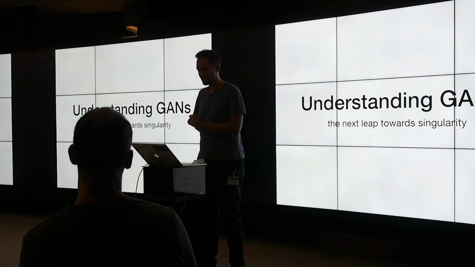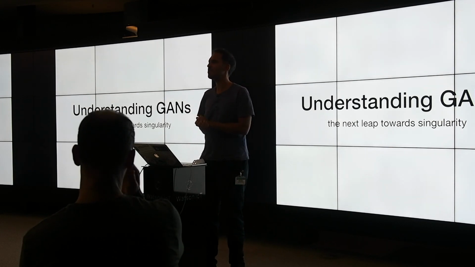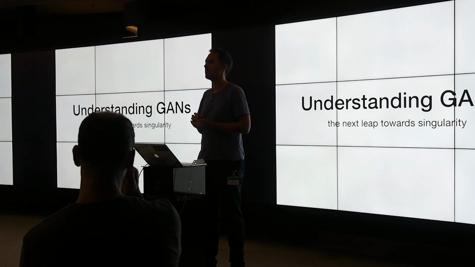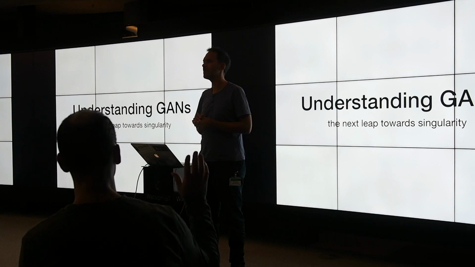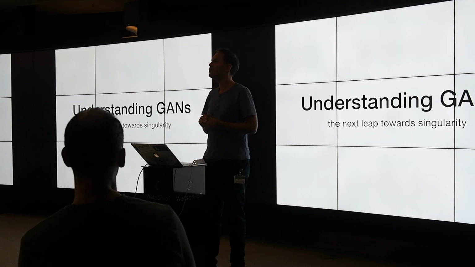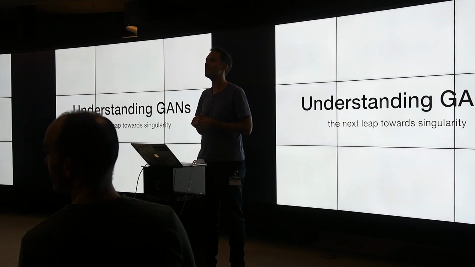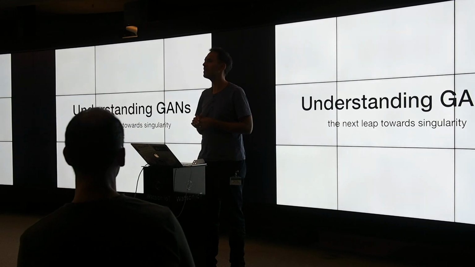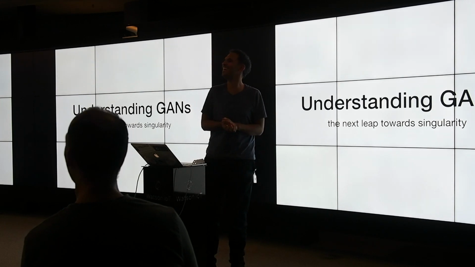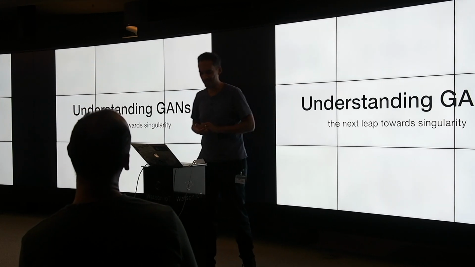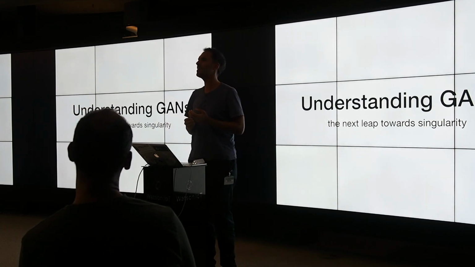So first question here is, who doesn't know what a deep feed-forward neural network is? Who doesn't know what a convolutional neural network is? Who knows what a recurrent neural network is?